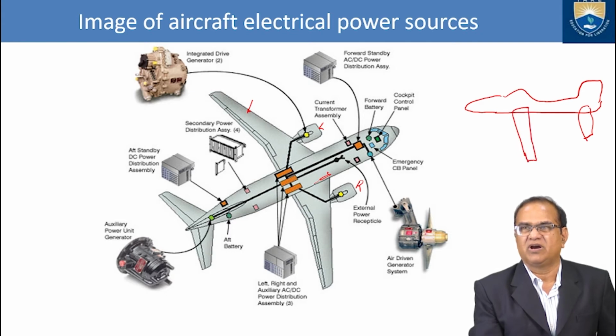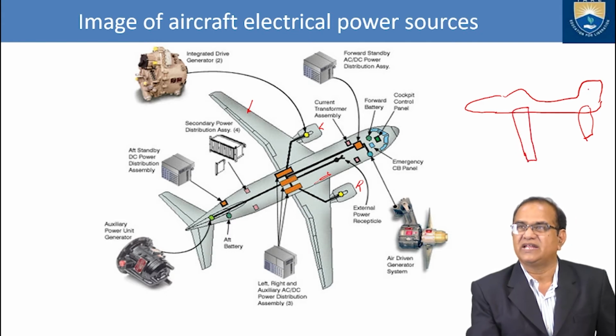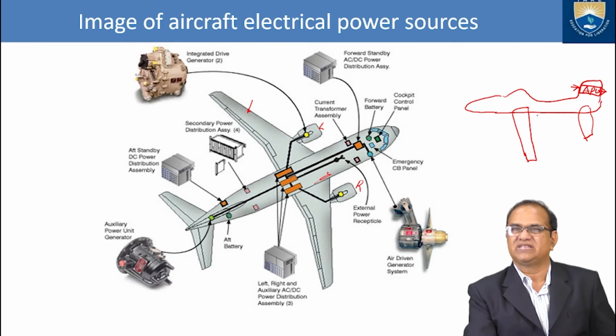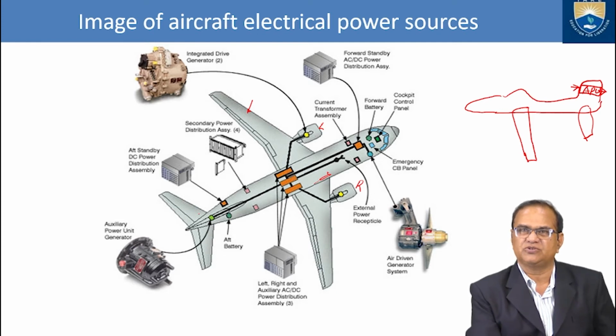The APU is installed here, the exhaust is going here, and the inlet is coming from this direction. You can see it is very small and is fixed on the vertical stabilizer.